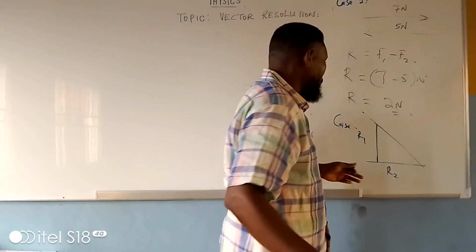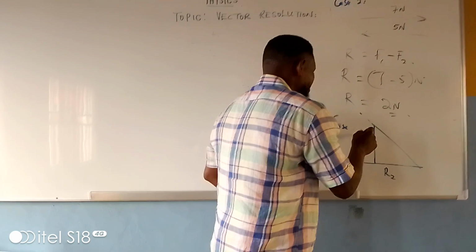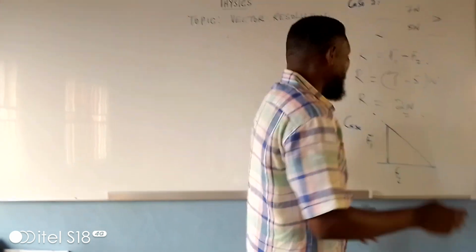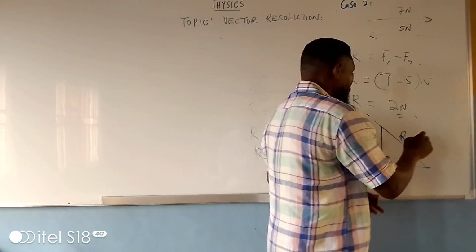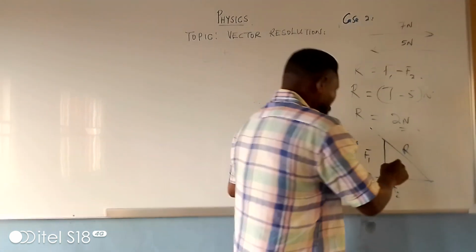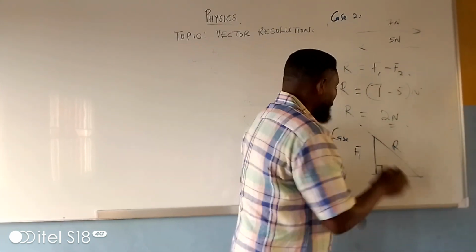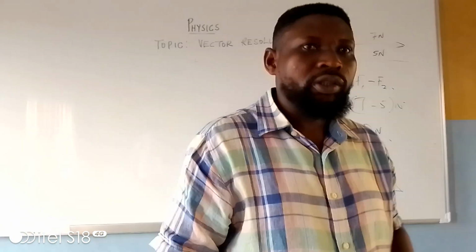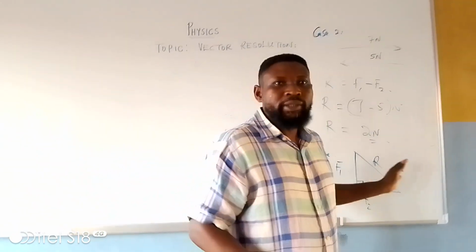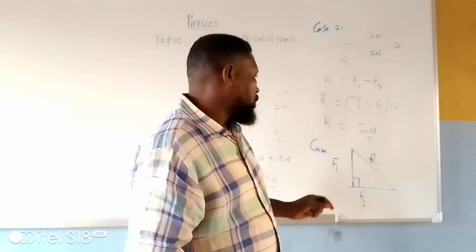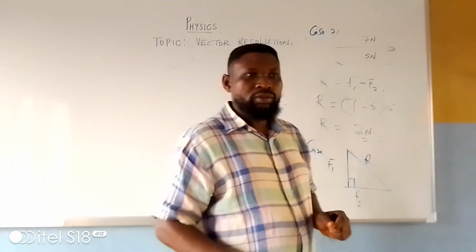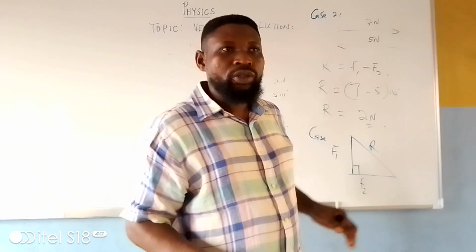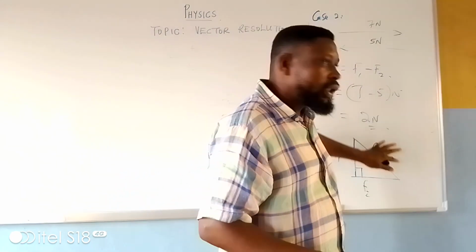This diagonal represents the resultant force, so we title it R. If you find yourself in this kind of case, all you need to do is apply the Pythagoras theorem to find the resultant force.